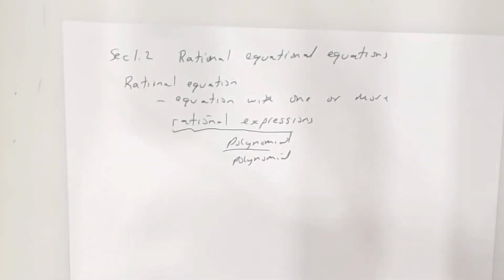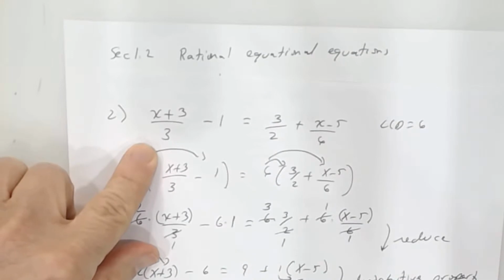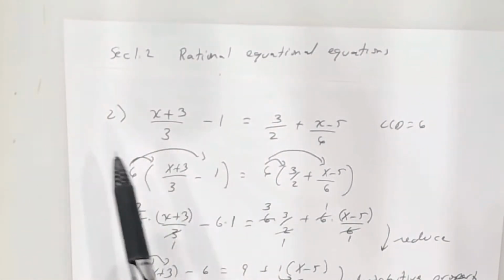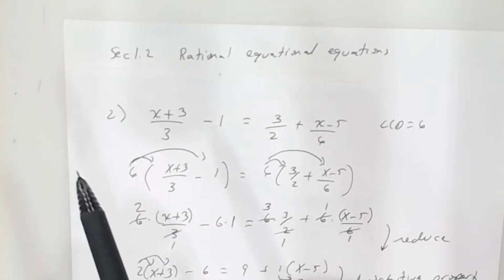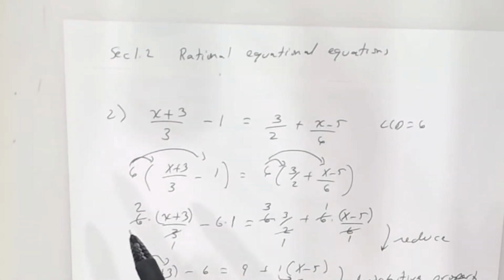So if you go back to number 2, the one we just did, the original problem, we know that it's linear, right? But this is also a rational equation. Because remember, a rational equation is an equation that has one or more rational expressions.